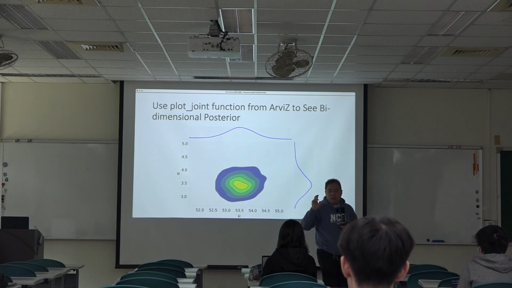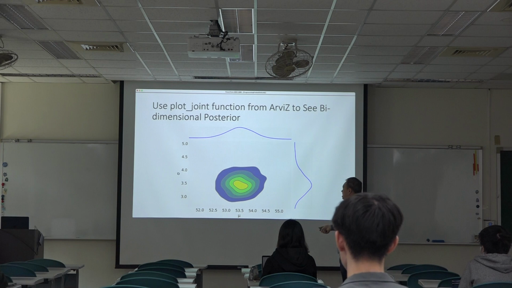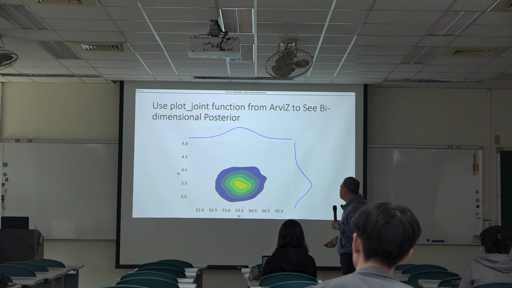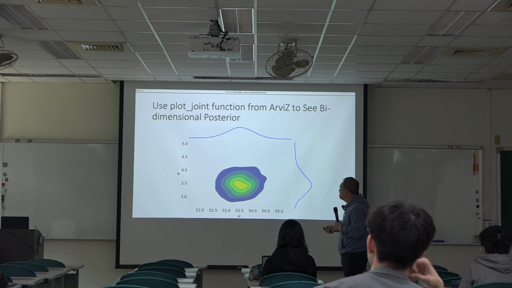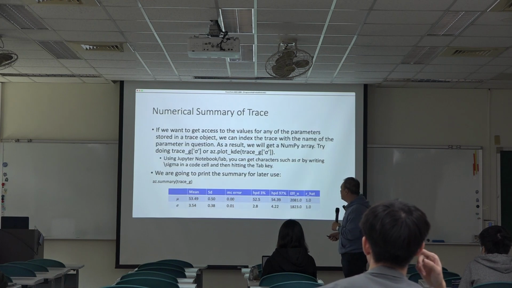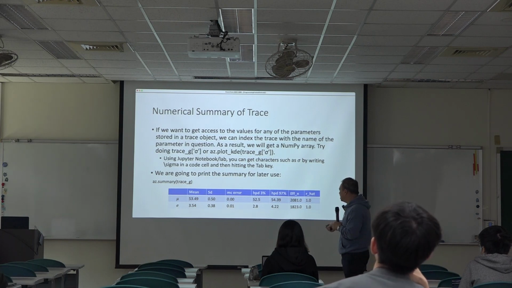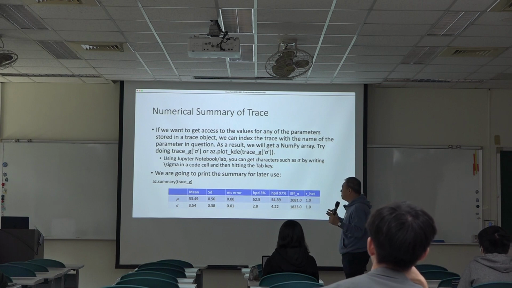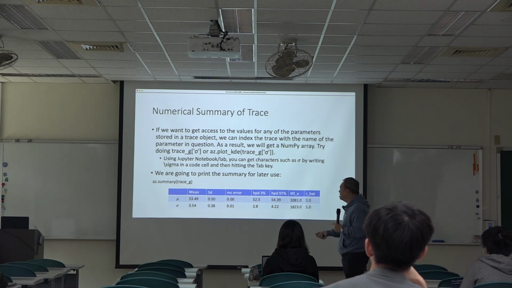It's three-dimensional, but that's the best it can do. You can also output a summary of the trace, such as the mean, standard deviation and 94% HPD for mu and sigma, from the trace G.